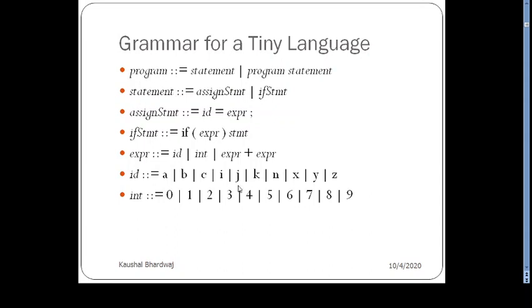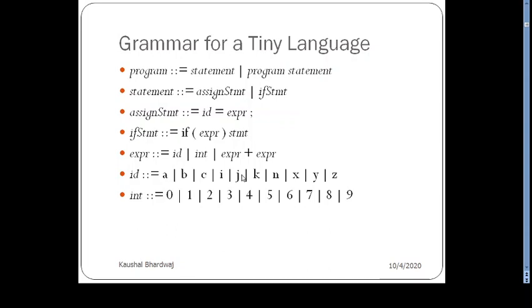Now here two things that you have to understand are non-terminals and terminals. These variables: program, statement, assignment statement, expression, all these things are non-terminals. We can call them variables. However, these are the terminals where the derivation has to stop.